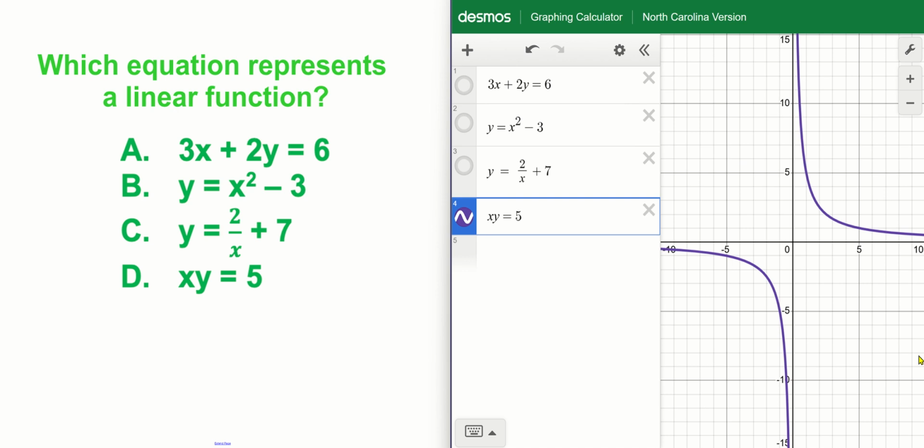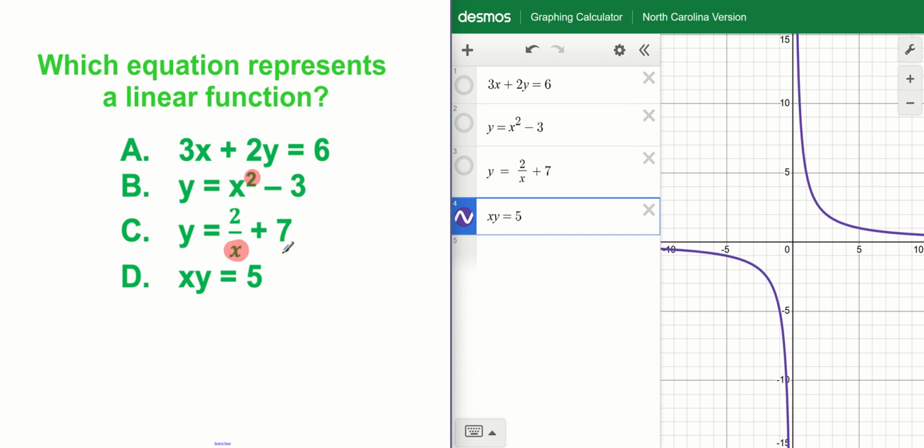So easy with Desmos, right? Bad news, a lot of this is on the inactive part. If a variable has an exponent, it's going to be nonlinear. So if you see an exponent on either the x or the y, that makes it nonlinear.